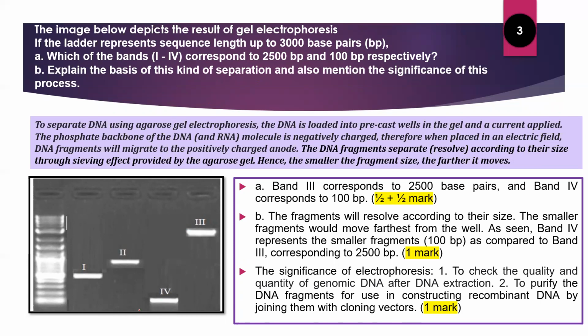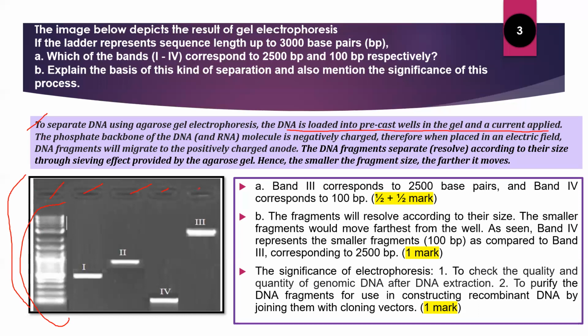to separate DNA using agarose gel electrophoresis, the DNA is loaded into precast wells in the gel and a current is applied, right? So this is a gel, suppose, and these are the wells. Here we load the different samples, and as a reference we have this ladder. You might also know that the phosphate backbone of the DNA molecule is negatively charged.